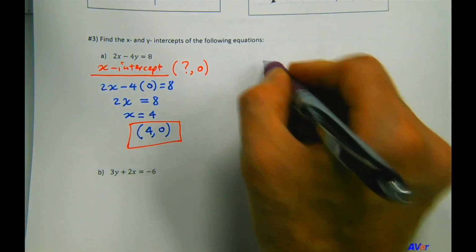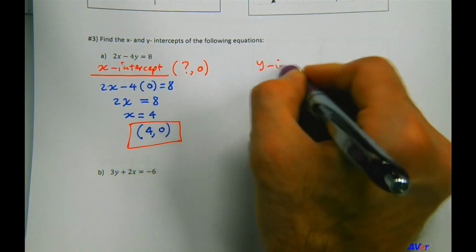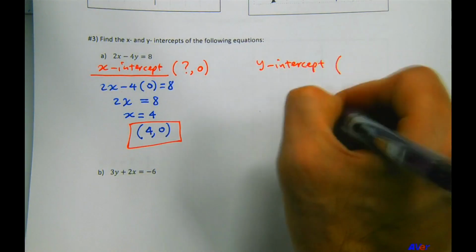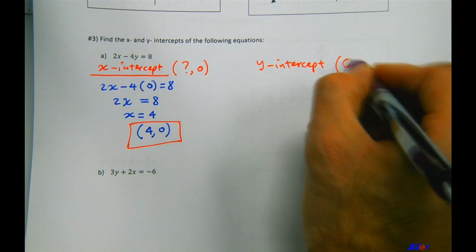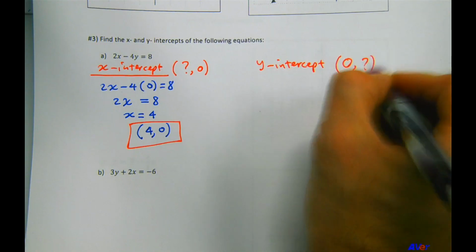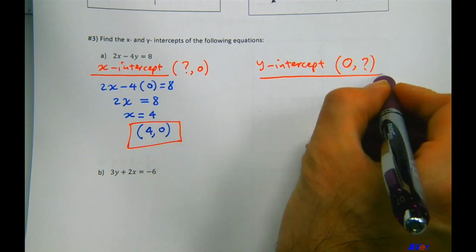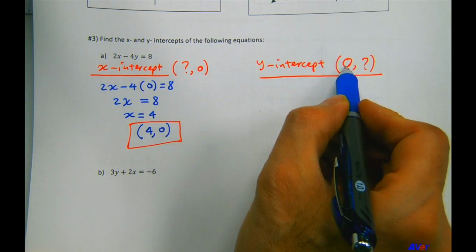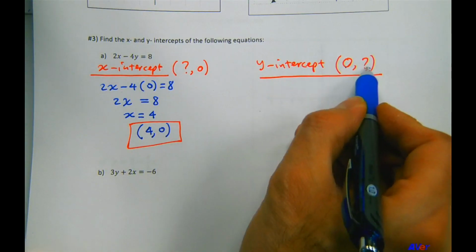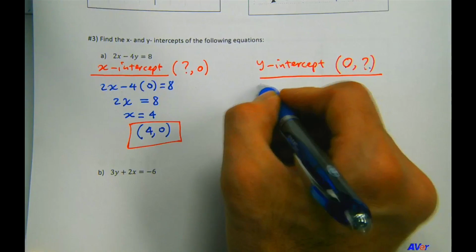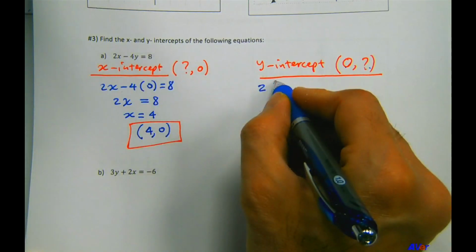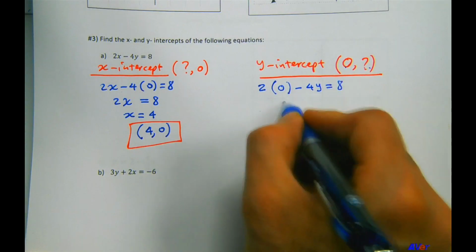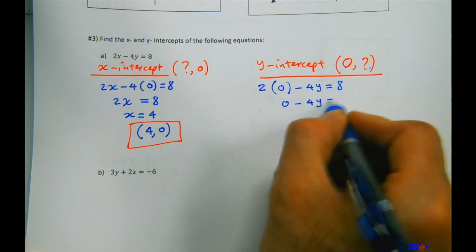Now let's look at the y-intercept. Which component is 0 for the y-intercept? The x component, right? If you said that, that is absolutely right. So in this equation, let's substitute for x with 0 and solve for y. So 2 times 0 minus 4y equals 8. 0 minus 4y equals 8.